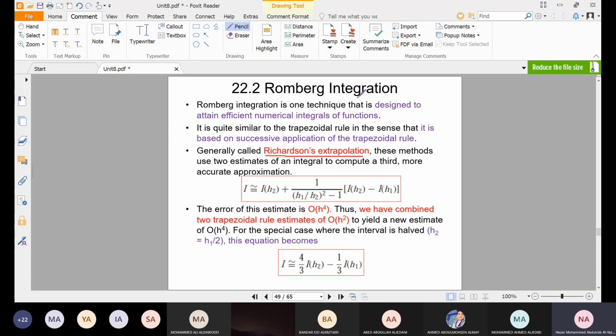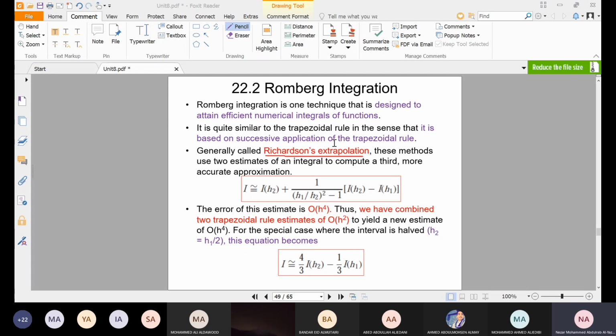Here in Romberg integration, we apply the trapezoid rule in the first column, and we apply Romberg integration from the second column to the end. Okay, so the same idea.